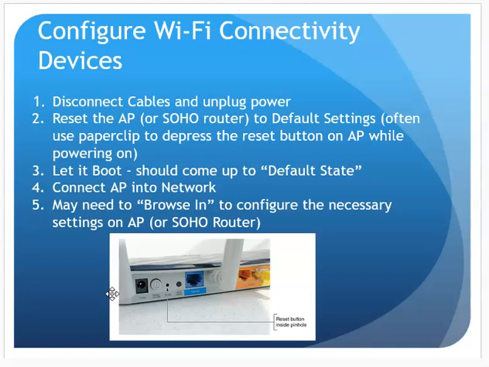It'll come up clean. Once it does, what I'll typically do is connect my laptop or desktop. I plug into it and get an IP from it, browse into it, and do the configuration I need to on it. Browse in, use the default account to get into it.